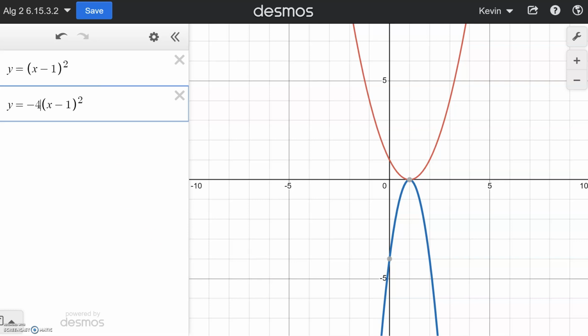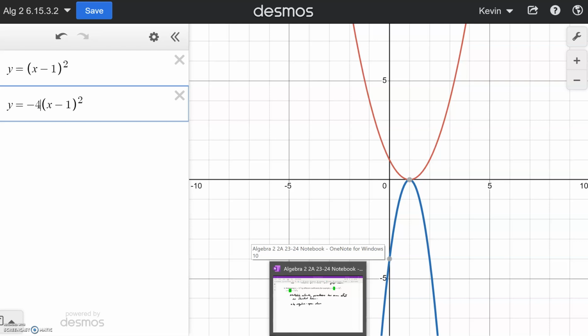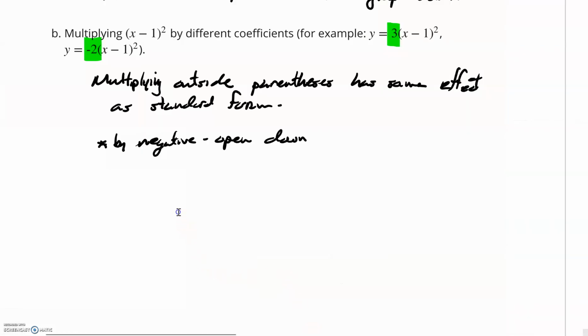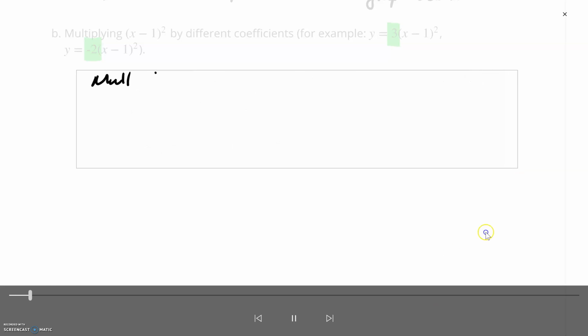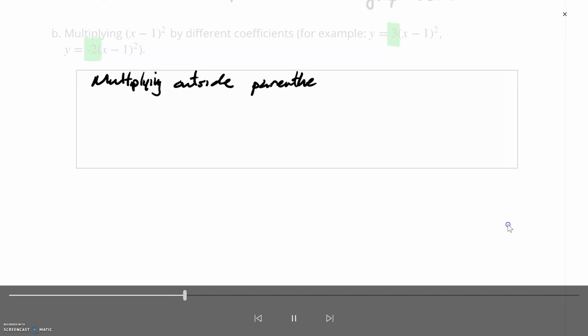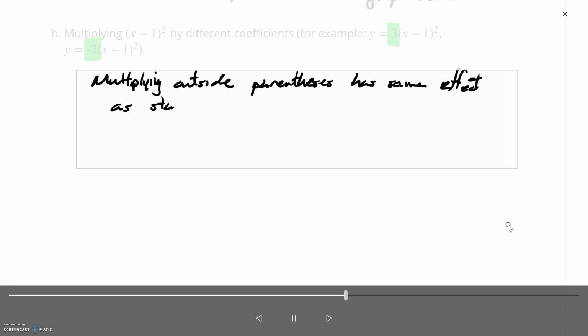Okay? So all that same stuff that happened with standard form happens in vertex form. So if we want to put this in a nutshell, multiplying outside the parentheses has the same effect as it did in standard form.